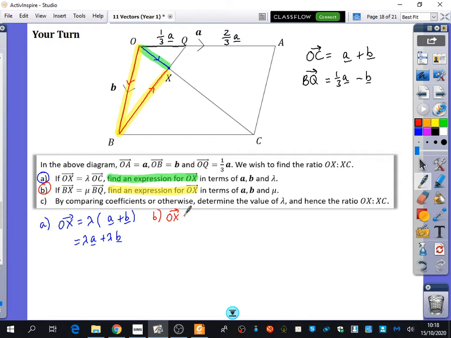Now we know that OX for our journey is going to be B plus BX. But we also know that BX is mu BQ. And I also know that BQ is a third A minus B.